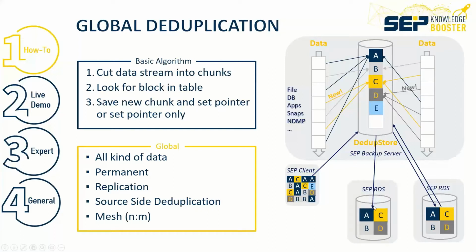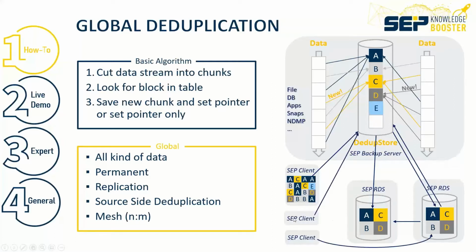Or you could set up another RDS in another location and also replicate to this so that you have a second copy or a third copy of your data, and you can have a replication from this RDS to this, some data replicate to this and some other data to this, because you can filter by media pools. So this is also possible.